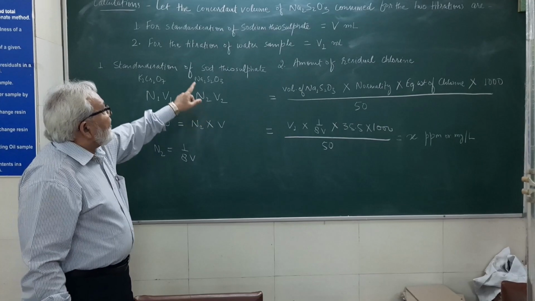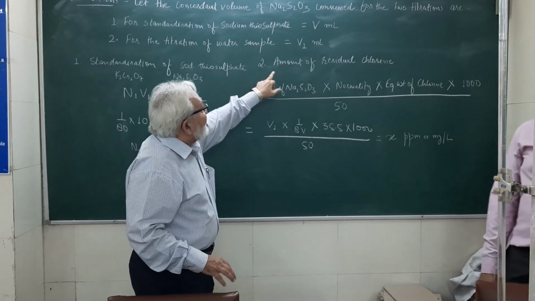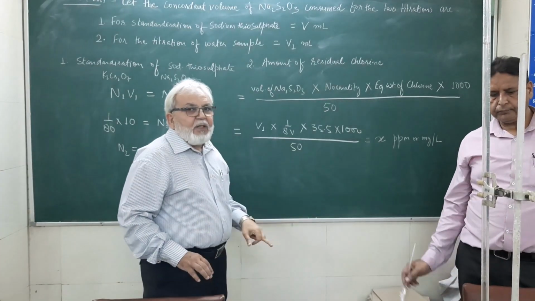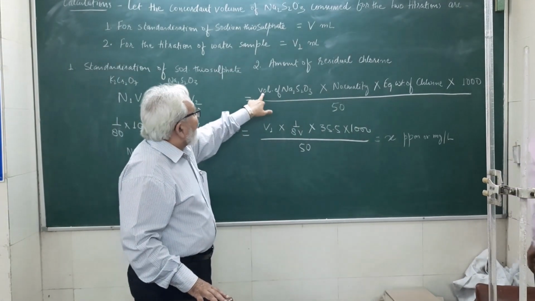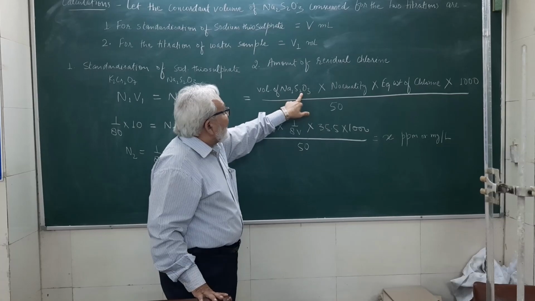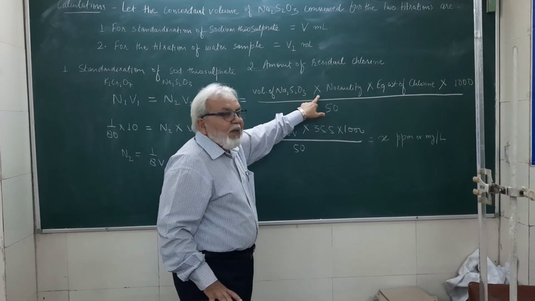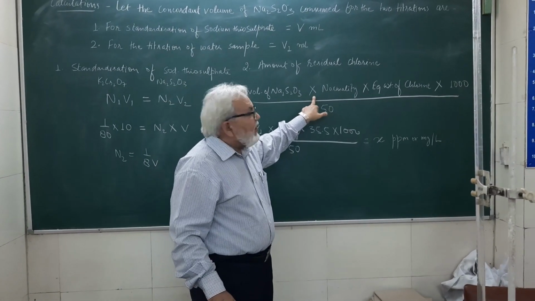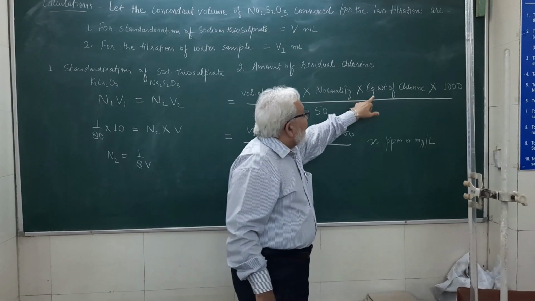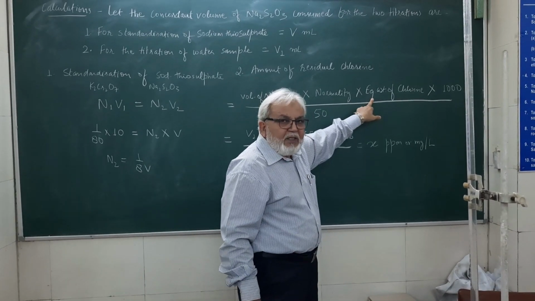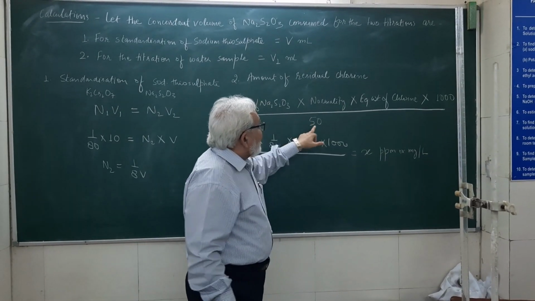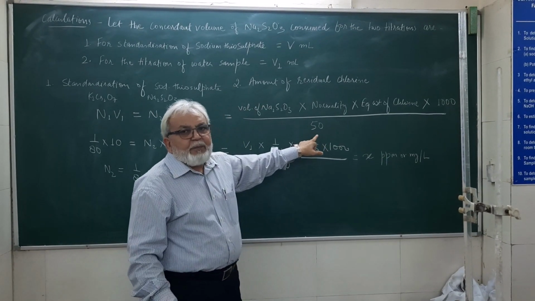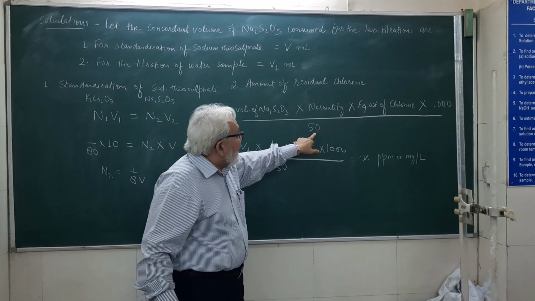Now we can find out the amount of residual chlorine by using again this relationship: volume of sodium thiosulfate consumed multiplied by the normality of sodium thiosulfate multiplied by the equivalent weight of chlorine, then multiplied by 1000 divided by the volume of the water sample taken, which is 50 ml.